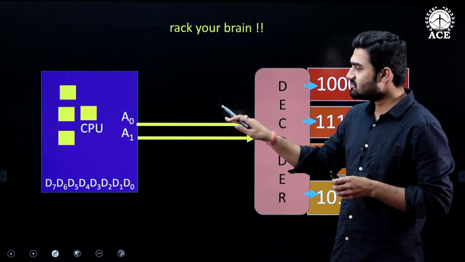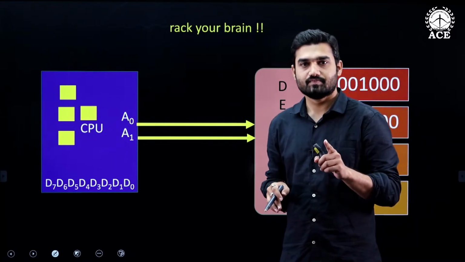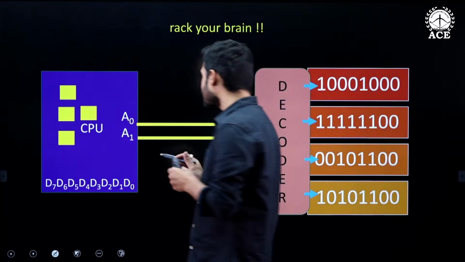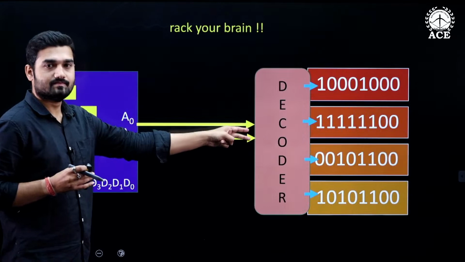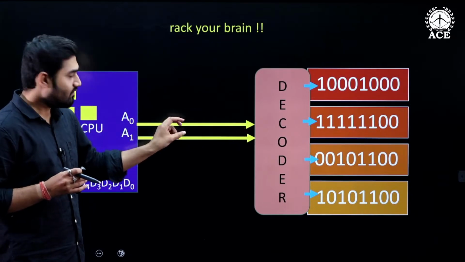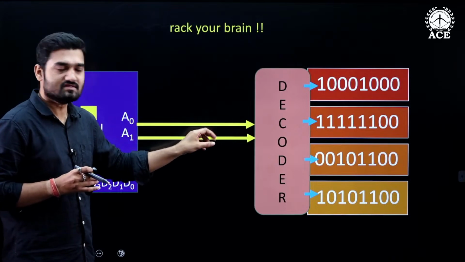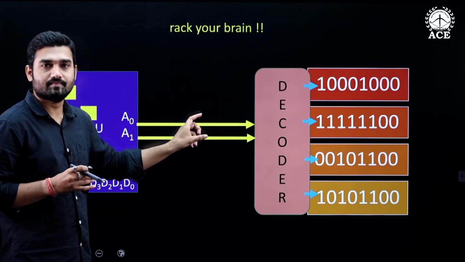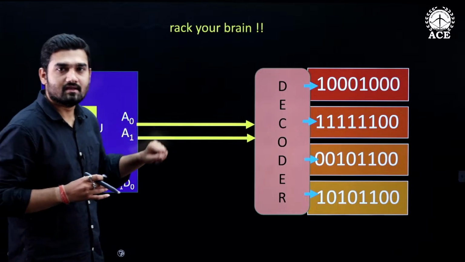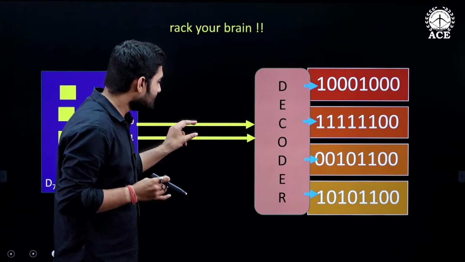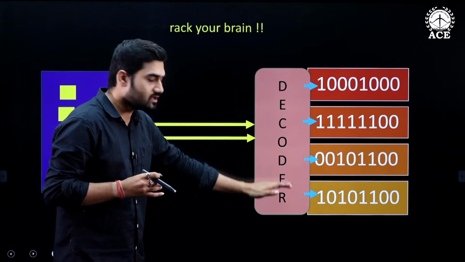If the CPU is providing these addresses, can I ask you one thing? What are these lines doing? These lines are providing addresses. That means these lines are nothing but address lines. With the help of two address lines, how many locations am I accessing?